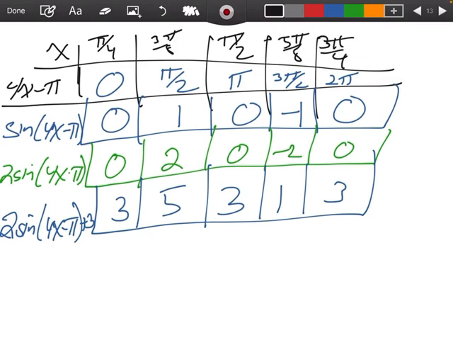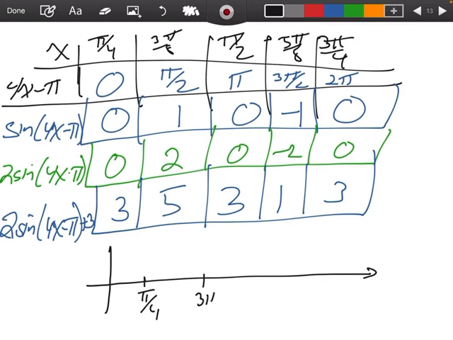And so now I'm going to draw my picture. My x values are going to be pi over 4, 3 pi over 8, pi over 2, 5 pi over 8, and 3 pi over 4.